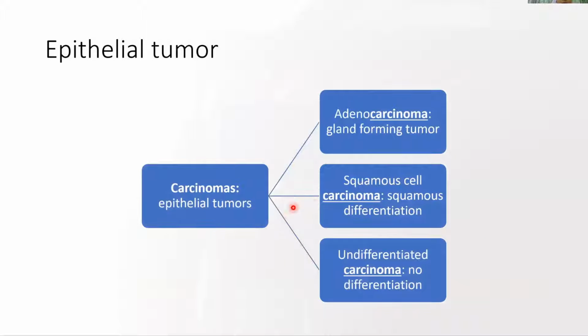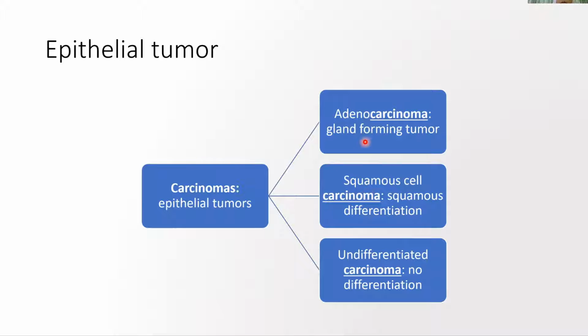Epithelial tumors are a bit different. We still add the word carcinoma, but then we need to look at the histology, the arrangement of the malignant cells or the differentiation of the malignant cells.